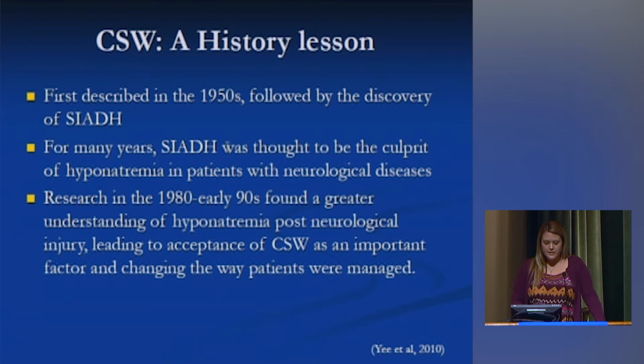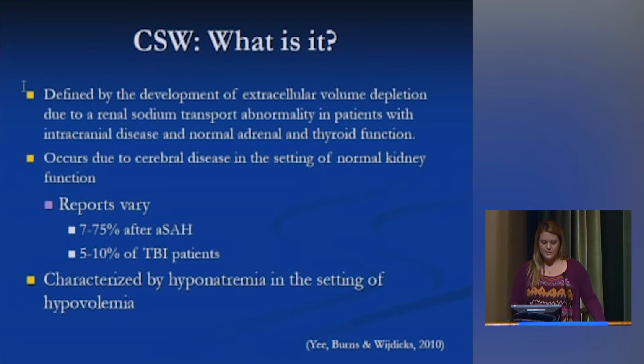For many years, SIADH was thought to be the culprit for hyponatremia in these patients, until we started to see the difference: hyponatremia in the setting of hypovolemia, whereas in SIADH we're talking about a normal or even increased volume state.